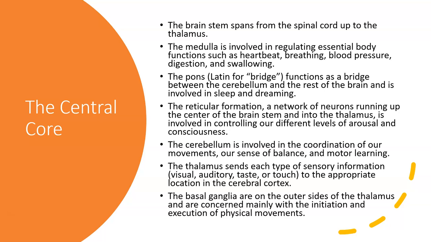Finally, you've got the basal ganglia, and these are on the outside of the thalamus. They're connected mostly to starting physical movements. And it's one of those things you forget about. It's like you're sitting in a chair and then you're going to get up.